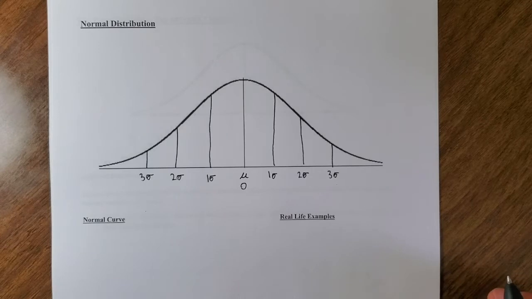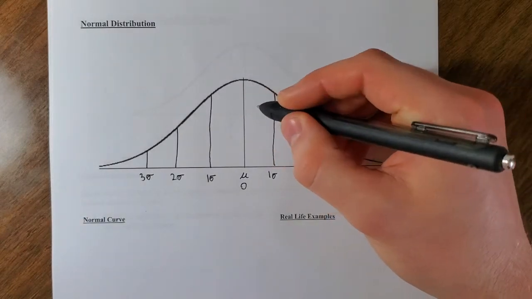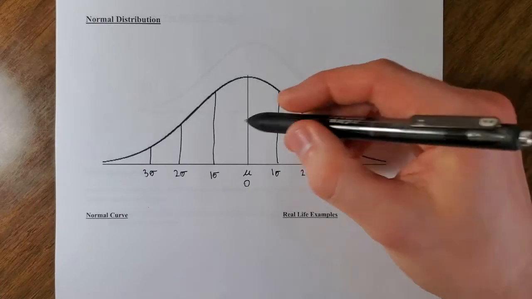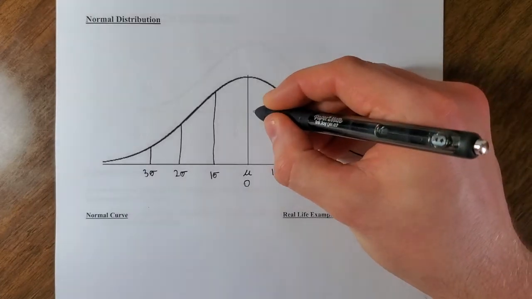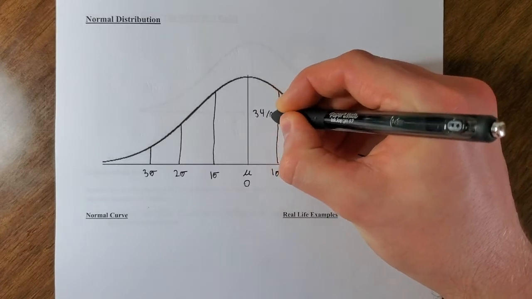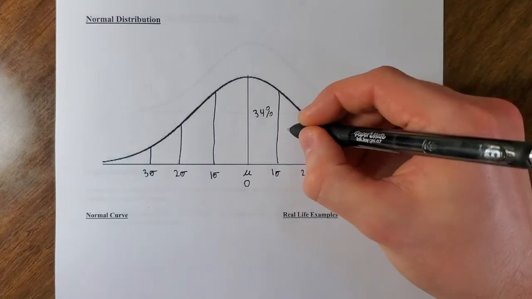And the really nice thing about these normal distributions is that no matter what you're graphing, we're going to get the same percentage of observations that fall within these groups. So 1 standard deviation above the mean is going to be 34% of our data.